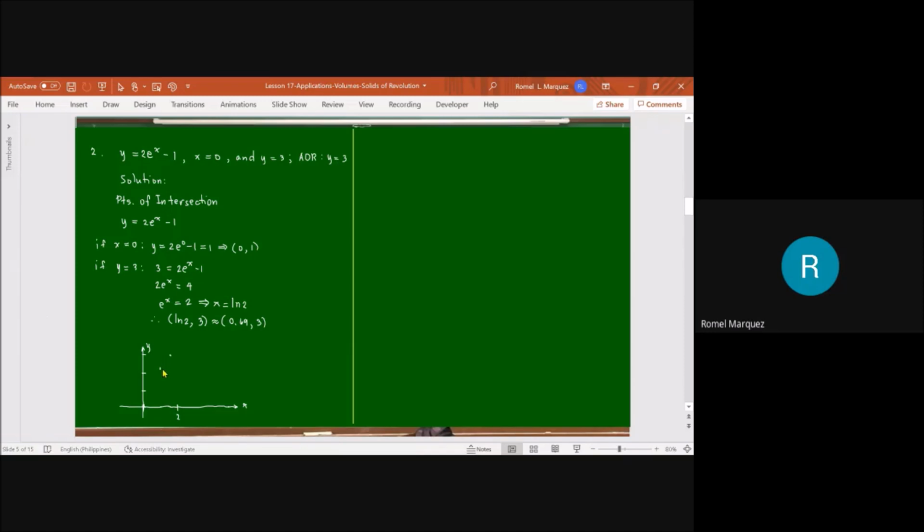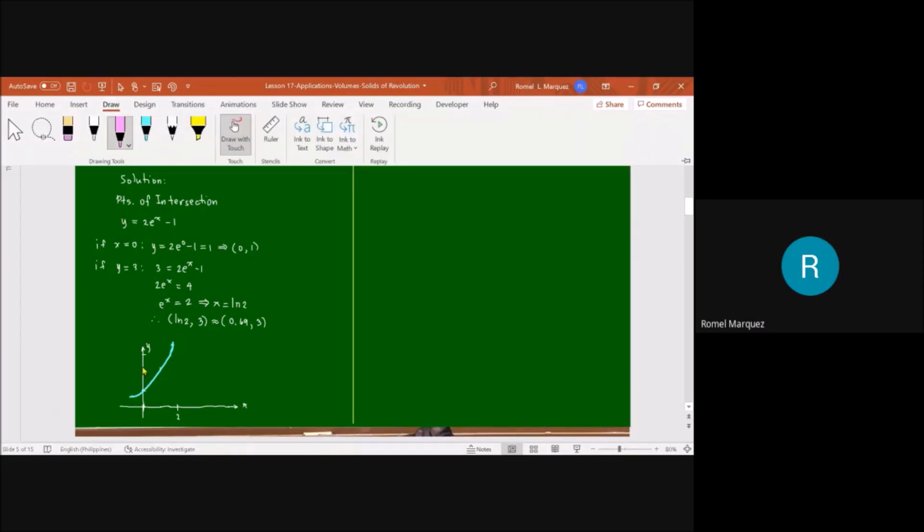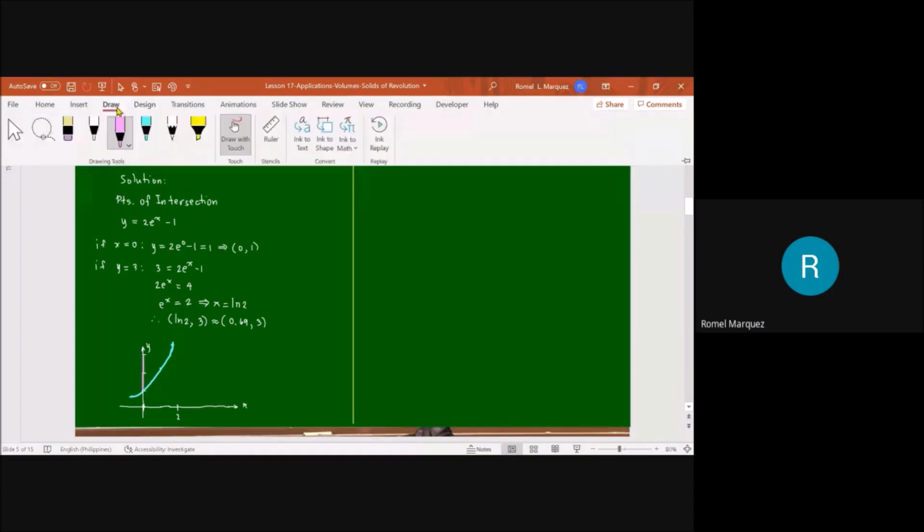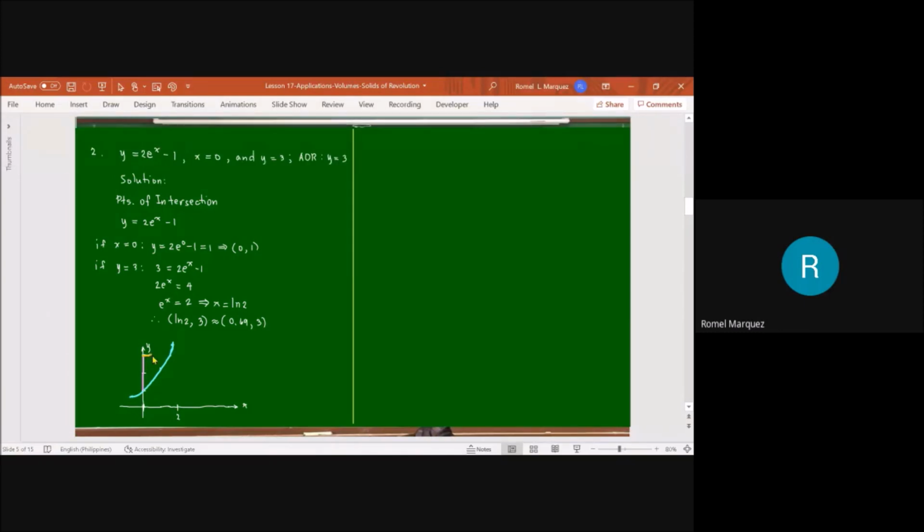Now what about the region, guys? It is asymptotic, I think, to this x-axis. But we do not want that, no? This is what we want. This region bounded by the y-axis and the line y equals 3. So this is the line y equals 3. So this is the region.